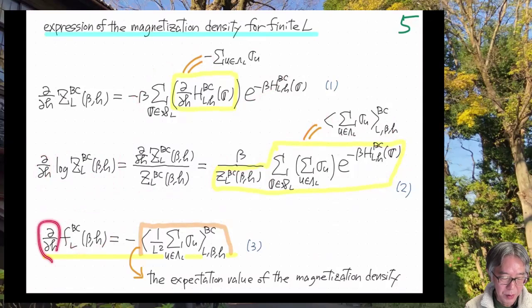So the derivative of the free energy density becomes like this. What you have here is the expectation value of the magnetization density. This thing here is the total magnetization, the total spin, which can be interpreted as the total magnetization, and you divide it by the number of spins, the number of lattice sites.